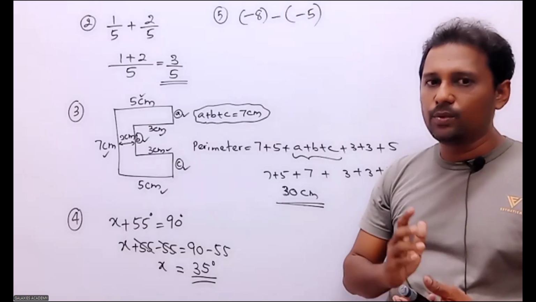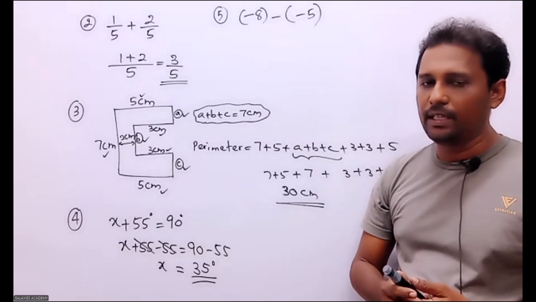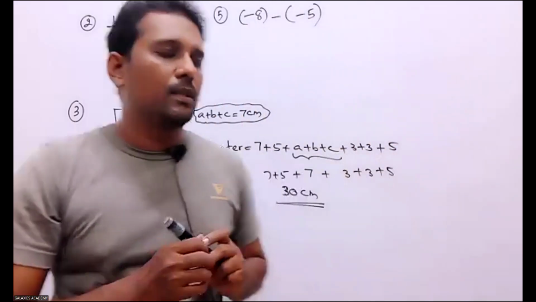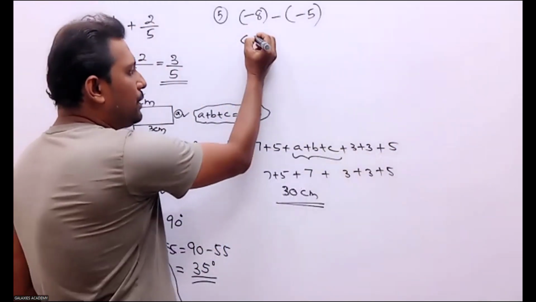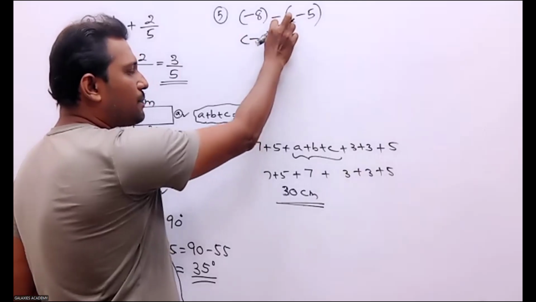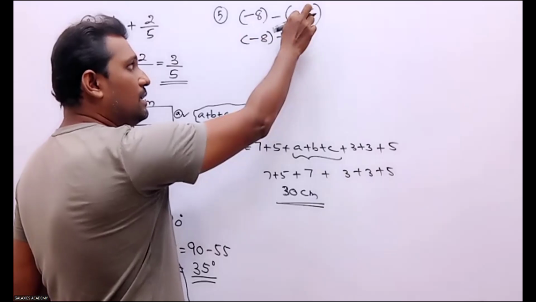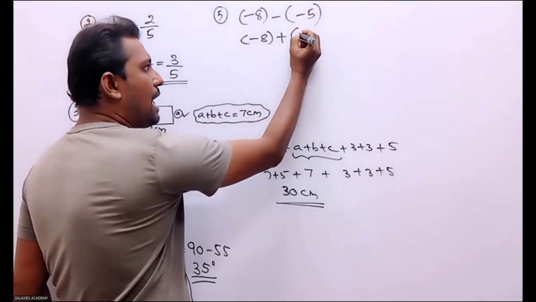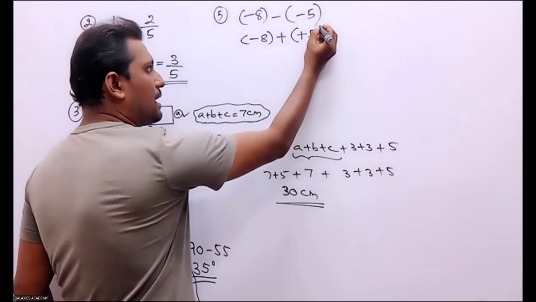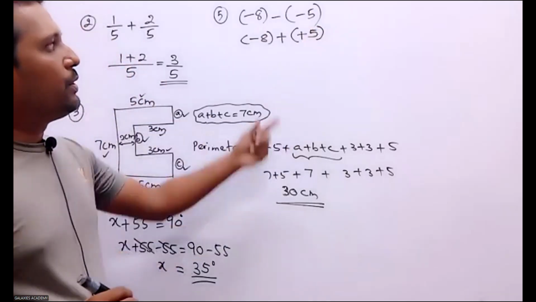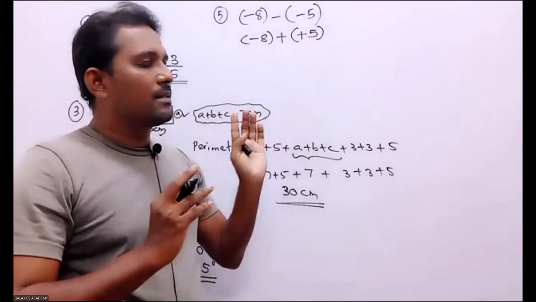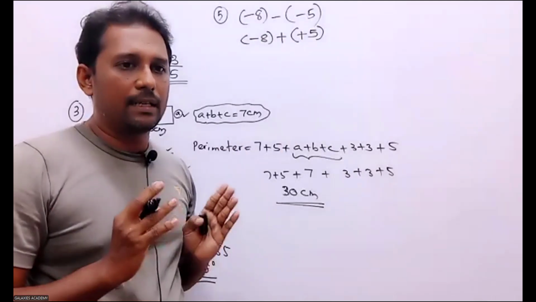That means you have to change the sign of it, right? Negative 8. This subtraction I will write as addition, and also for the directed number after the subtraction, I will write the additive inverse. Change the sign. Then you can consider it as the addition of two directed numbers.